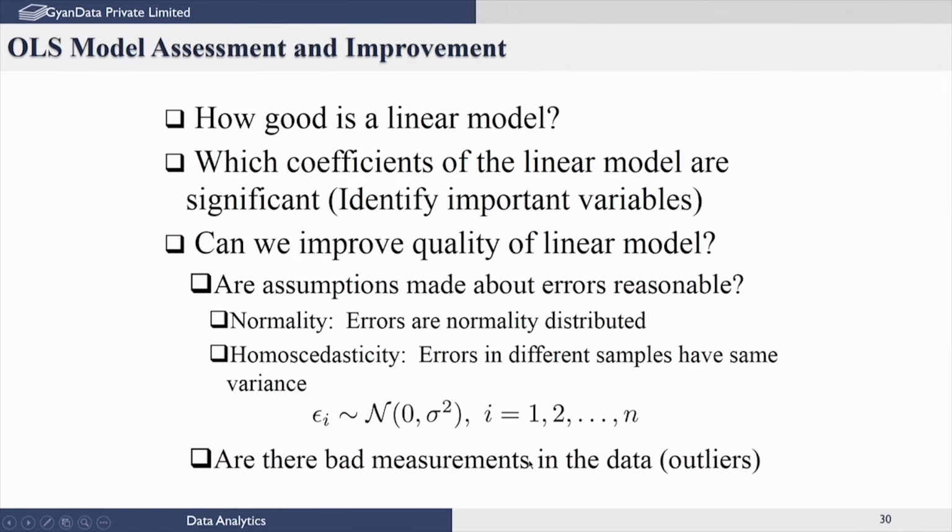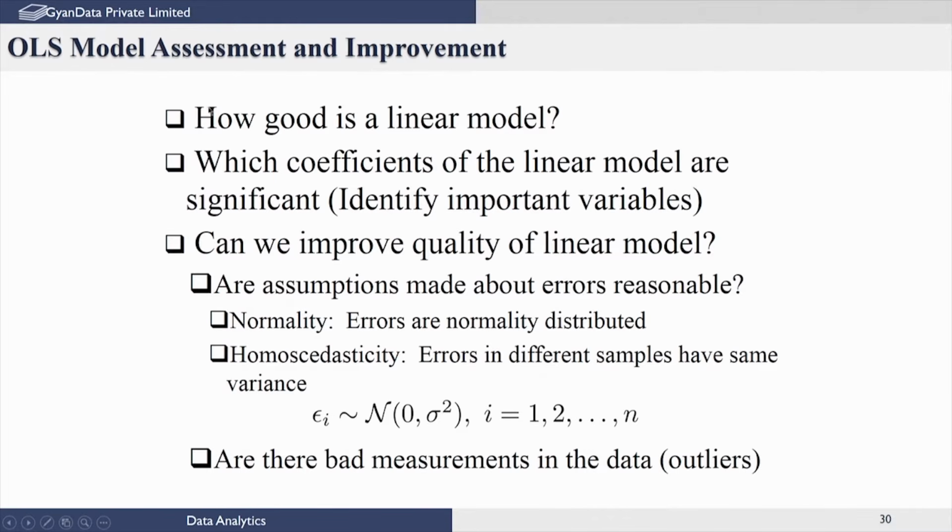So, we want to remove such bad data from our data set and maybe fit a linear model only using the remaining measurements, and that will improve the quality of the linear model. So, these are some of the things that we need to actually verify. These assumptions we have made about the errors, whether they are reasonable or not, and if there are bad data, can we remove them or not.